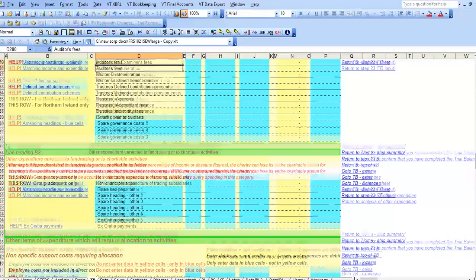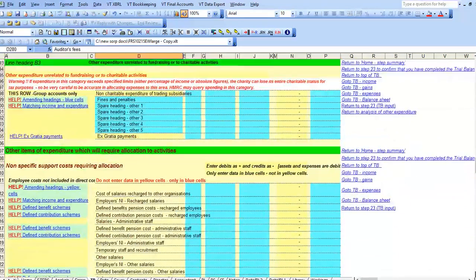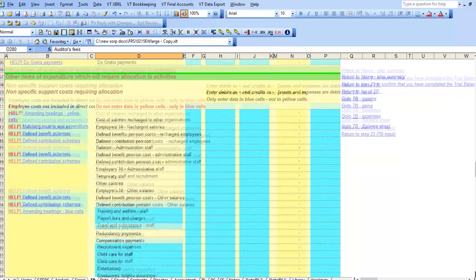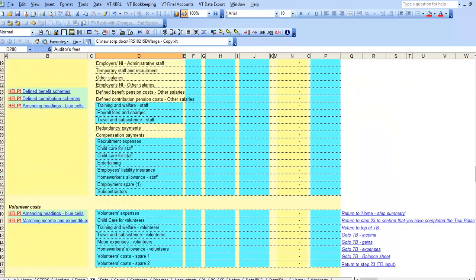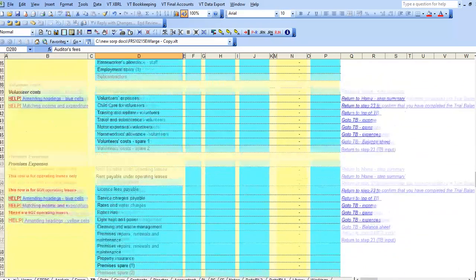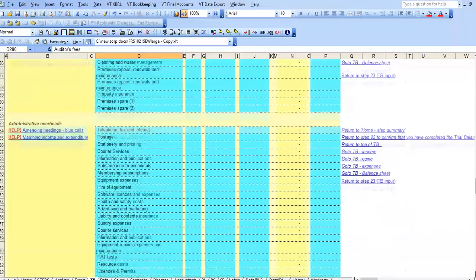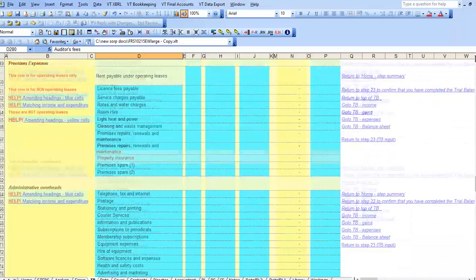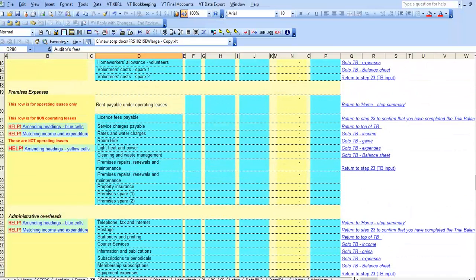Other expenditure and expenditure which requires allocation to other activities, which is done in one of the steps in the step process. These are all the headings of overheads that most organisations will incur. A charity will incur them in the same way. You enter the information in there.